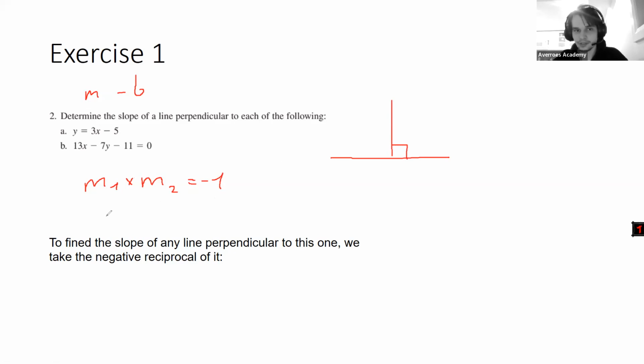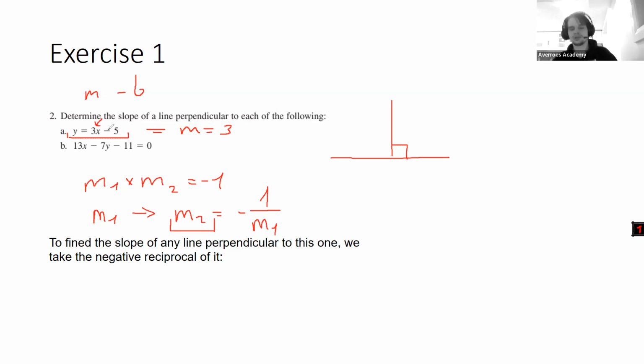Basically, what we can take from here is that if we know M1, we can represent M2 as -1 divided by M1. This would be the slope of the perpendicular line to what we are looking at, because this is the line. We can say what M is right away. In this case, M is equal to 3, because M is the coefficient in front of x. And what is B equal to?